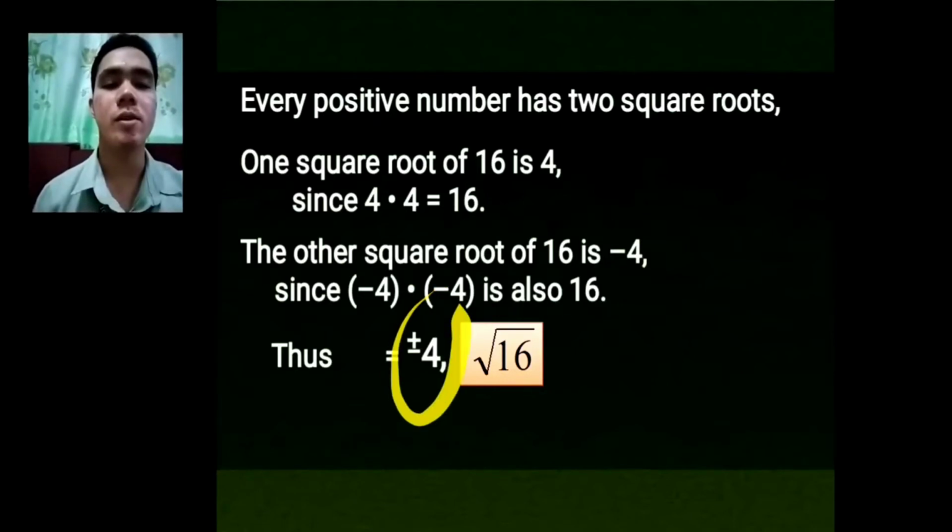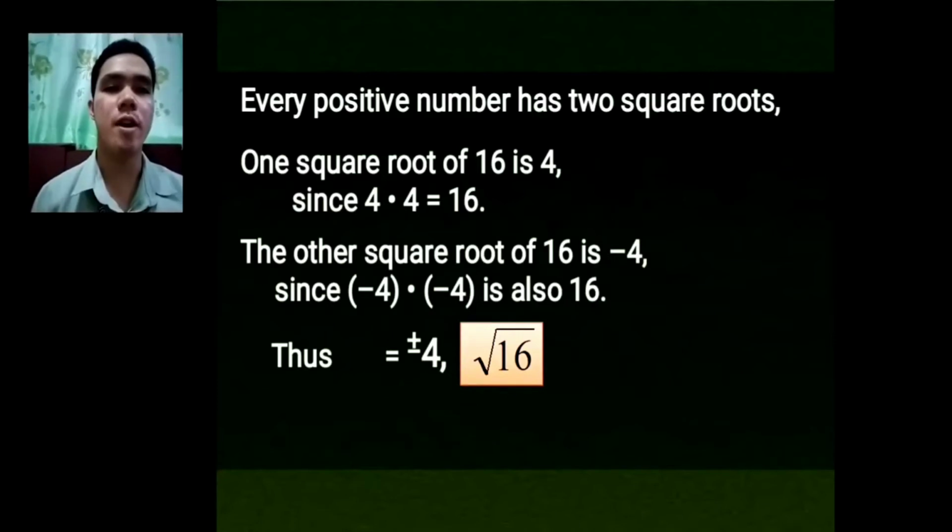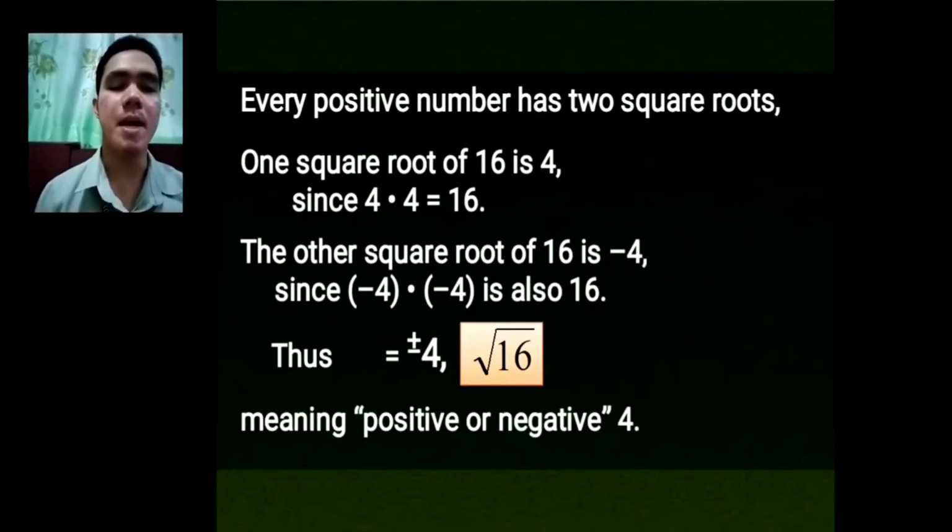The square root of a positive perfect square number has 2 square roots. This symbol means positive or negative.